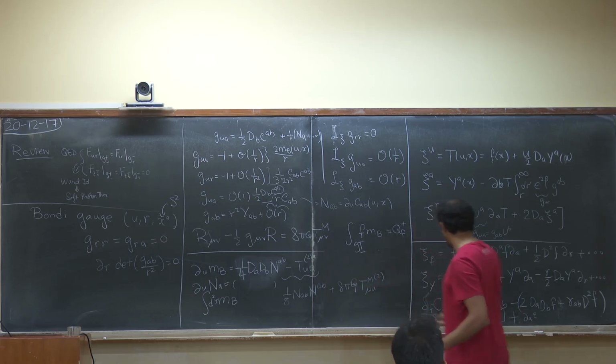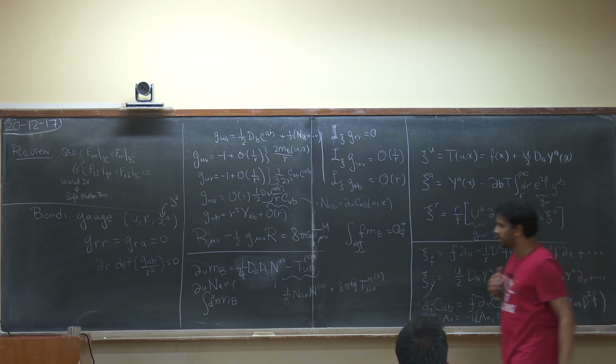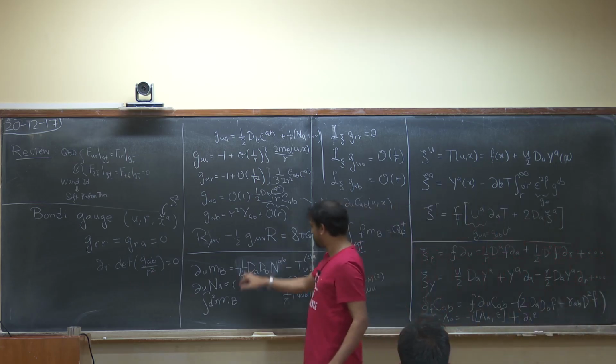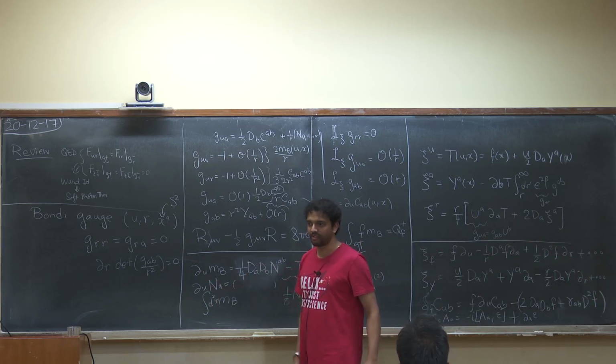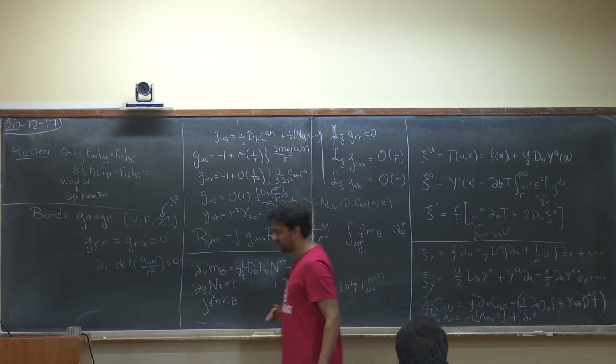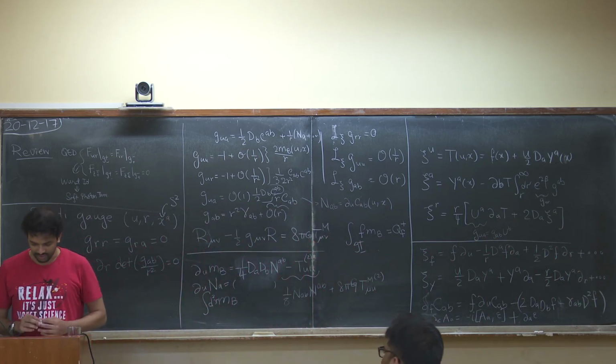This is precisely the charge that generates this transformation, for instance, on C_AB. By studying the soft part, you can figure out what particular soft theorem it's going to derive. I didn't work out all the details, but it works out. It gives you precisely the leading soft theorem.